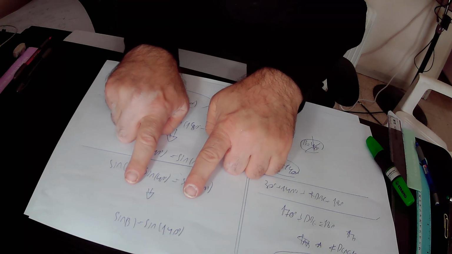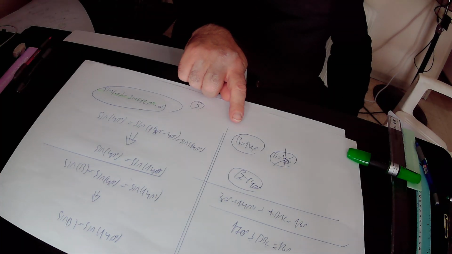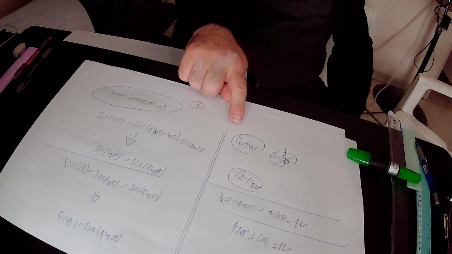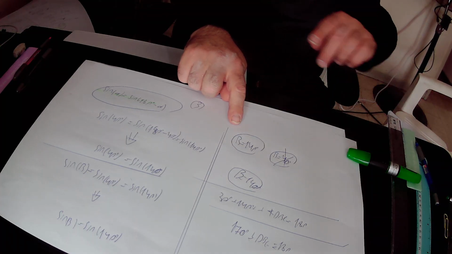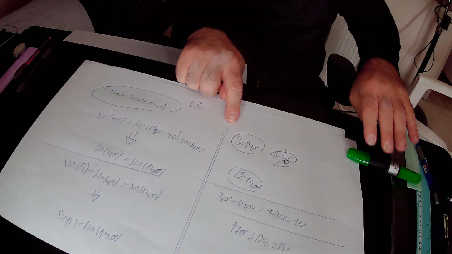If sine beta equals sine 140 degrees, it means that beta equals 140 degrees in size. So according to the second solution, beta equals 140 degrees, and the first solution for beta is 40 degrees.